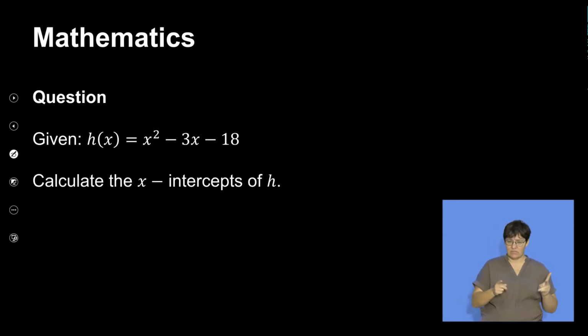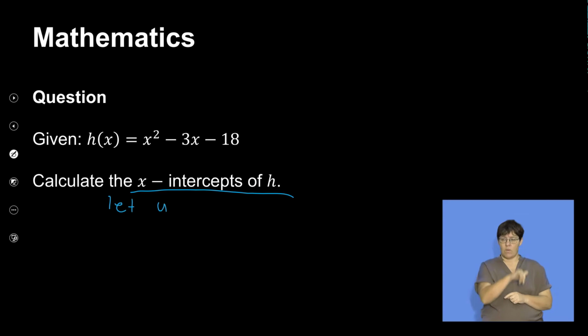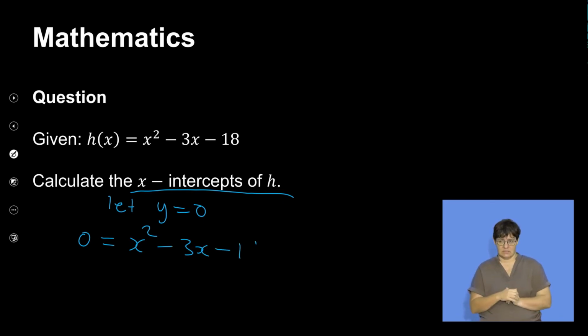A different type of a parabolic function or a quadratic function will be x squared minus 3x minus 18. So here I will want you to find the x-intercept. Remember, for me to find the x-intercept, you let y equal to 0. So this will then be 0 equals to x squared minus 3x minus 18.